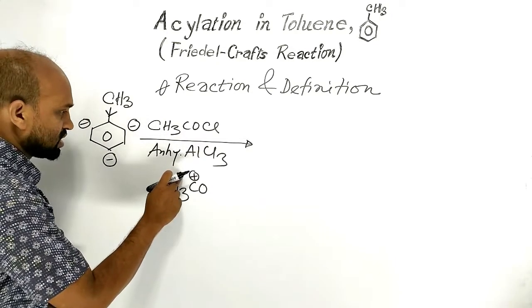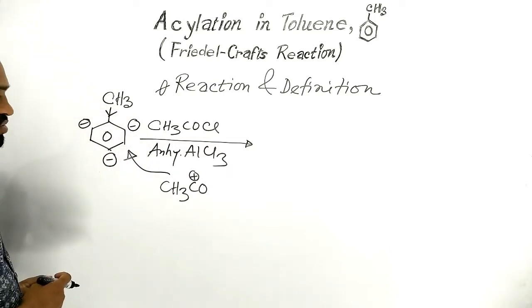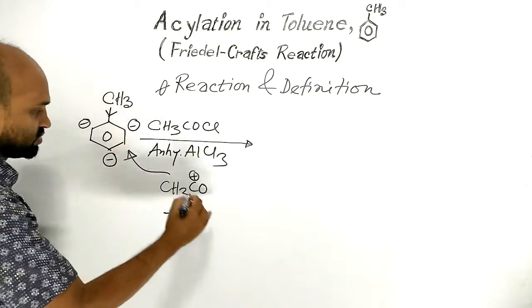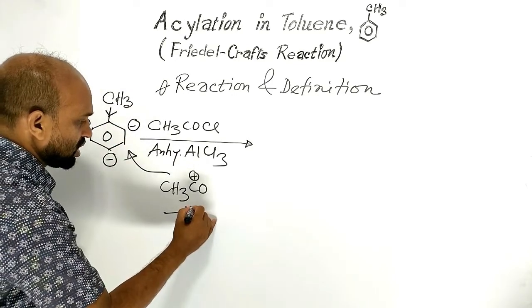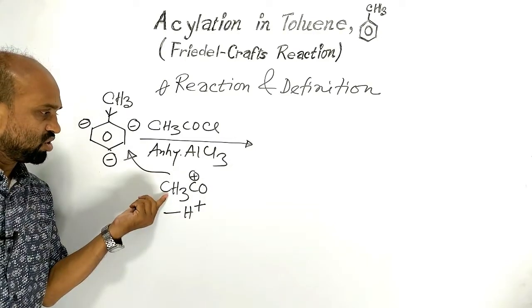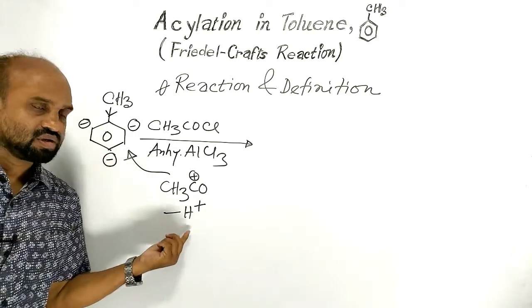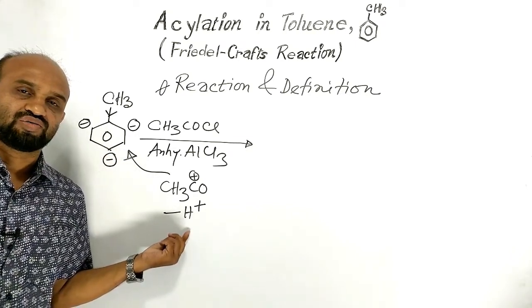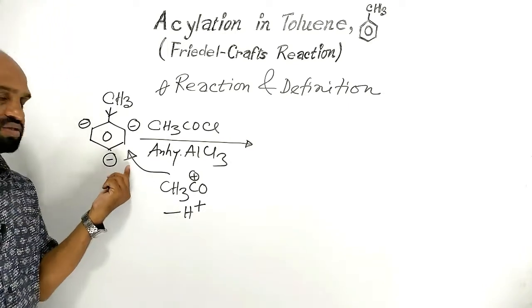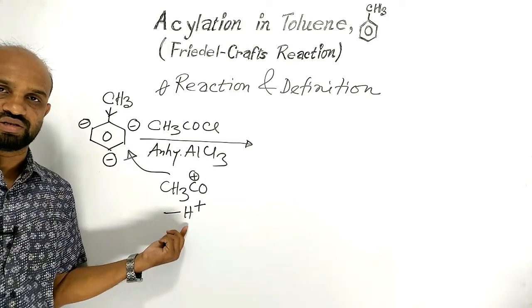This ethanoyl cation attacks the benzene ring. At the same time, hydrogen atoms from the benzene ring go out as electrophile. Addition of electrophile occurs. At the same time, removal of electrophile takes place. That is why this reaction is called electrophilic substitution reaction.